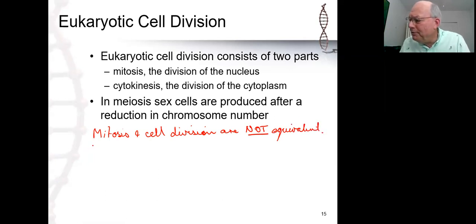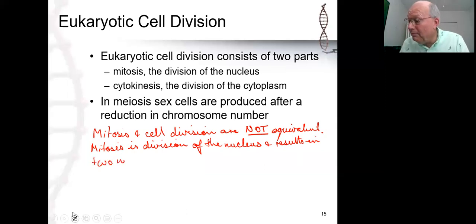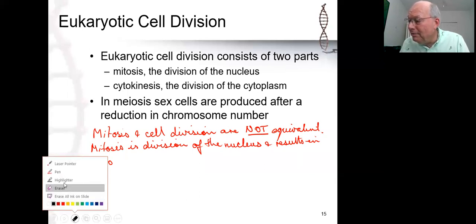So mitosis is division of the nucleus. And it results in two nuclei. And actually, I'm going to erase that and say two identical nuclei.